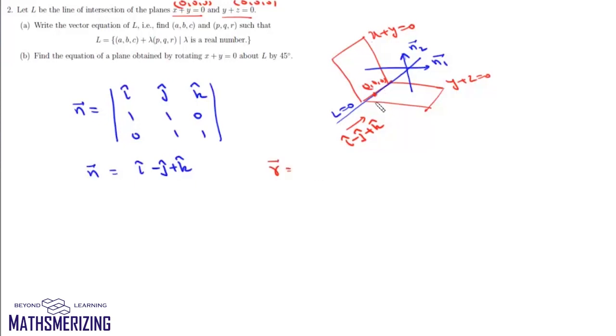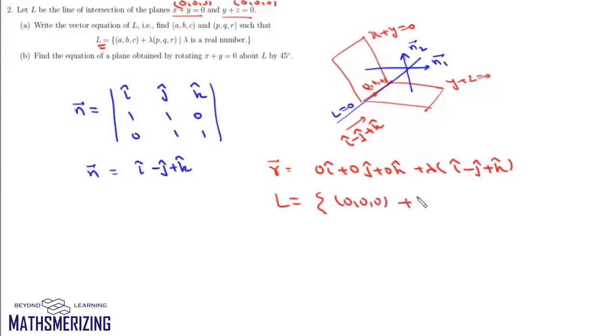Now a in this case is this point, which is 0i + 0j + 0k, and then plus λ, and b is the direction of this line, which is i − j + k. We can also write this equation in this form. We can write this L as this point, which is (0, 0, 0), plus λ, and then these direction ratios 1, −1 and 1. That is the equation of this line of intersection.